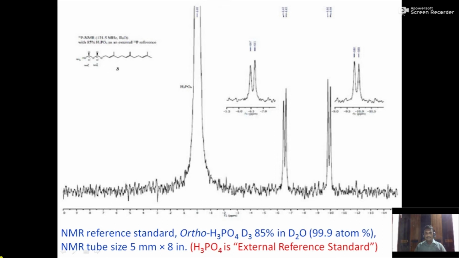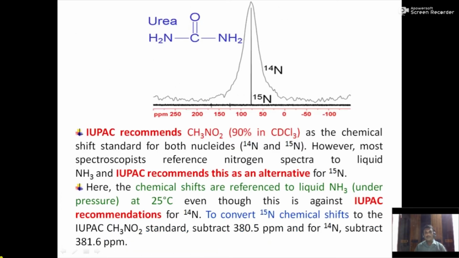Next we will see the nitrogen NMR spectrum. So where are we using this nitrogen NMR spectrum? In case of the high energy materials, most of the high energy materials, that are the explosives, are compounds which contain nitrogen. So many times the reviewer is asking for the nitrogen 15 NMR spectrum if you are working on high energy materials.